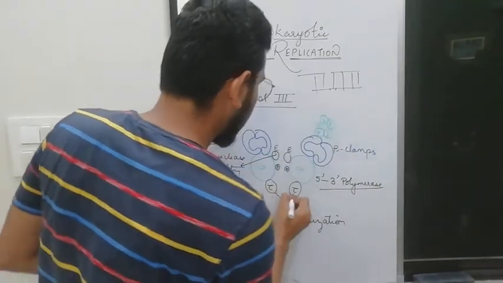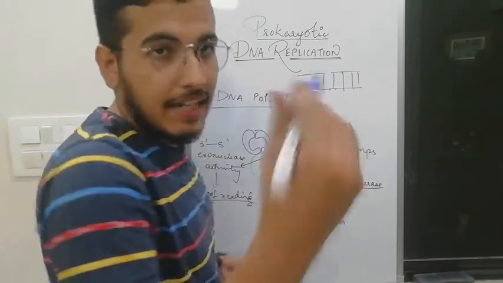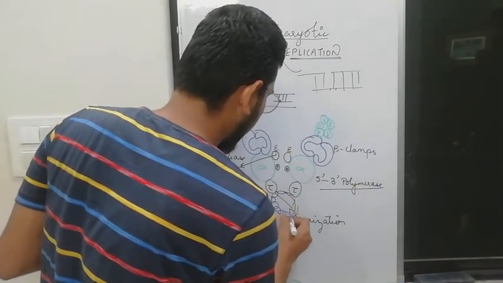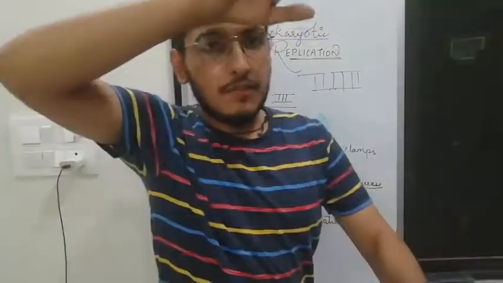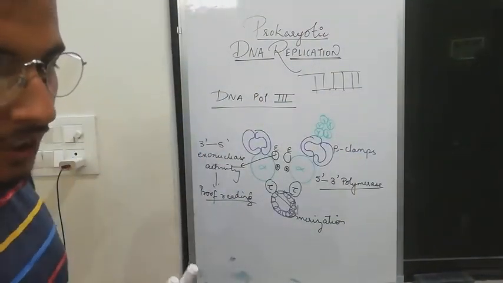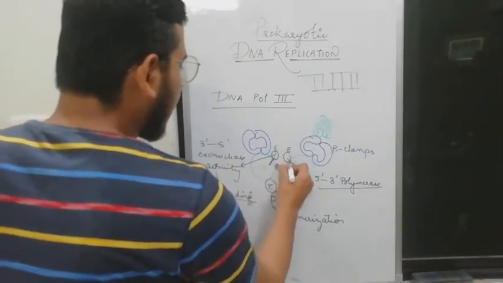It will attach with this unit like this. The helicase enzyme is a hexameric ring, so it will attach there and start the process of unwinding. And the function of theta is to increase their efficiency.